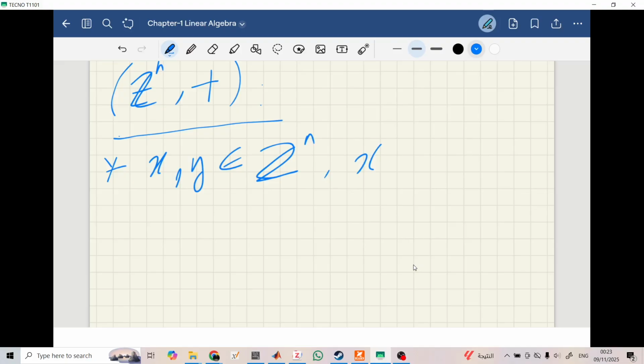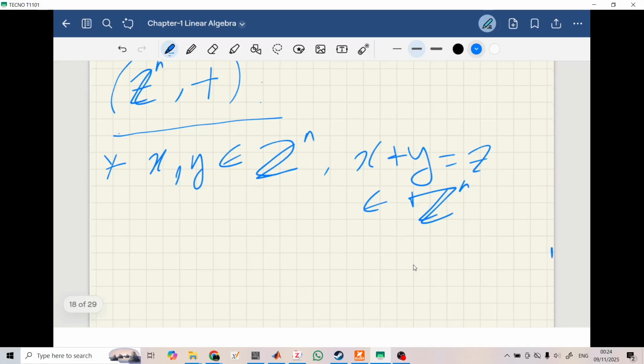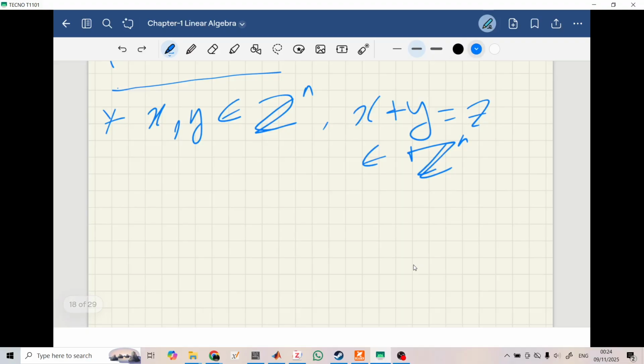Now x plus y equals a small z, and this belongs to, of course, the same set, so it's closed, right? It's easy to show that. Okay, the next thing, associativity.